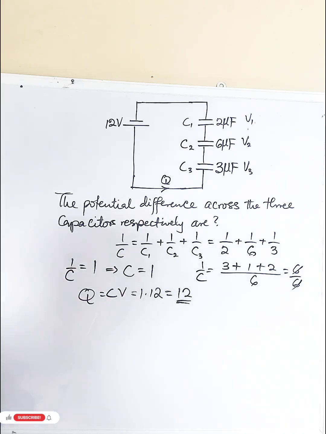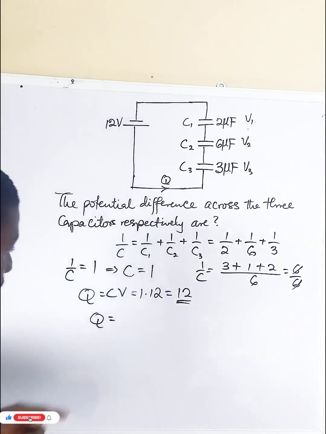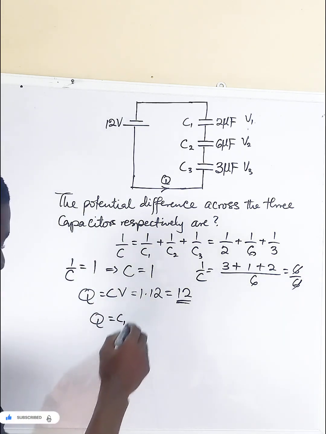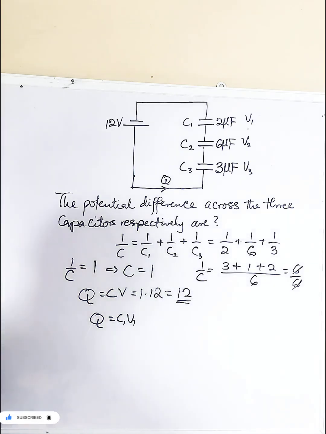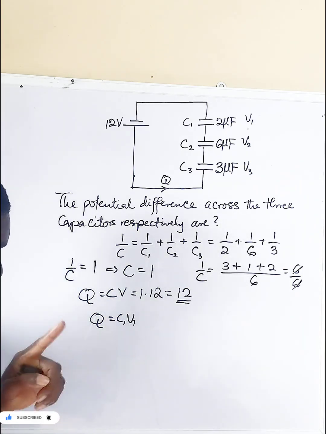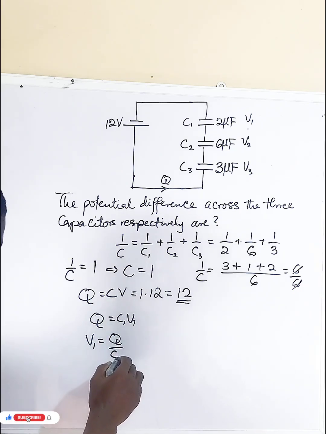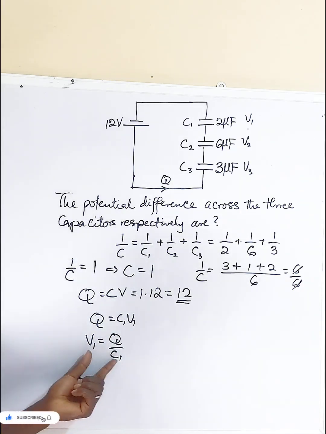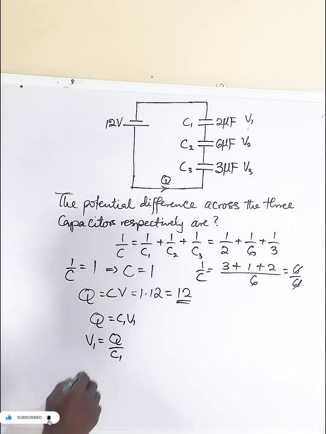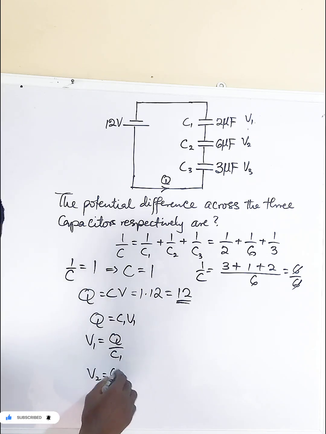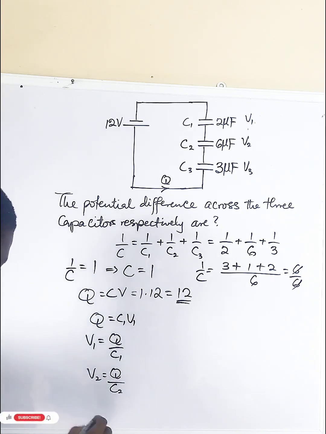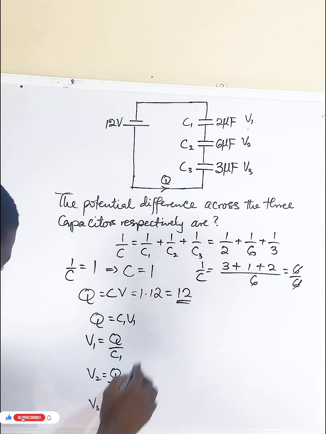Now let us find the potential difference across each of the capacitors C1, C2, C3. From this formula, making V the subject, V1 equals the charge over C1, and applying this rule to every other one, V2 equals the charge over C2, and V3 equals the charge over C3.